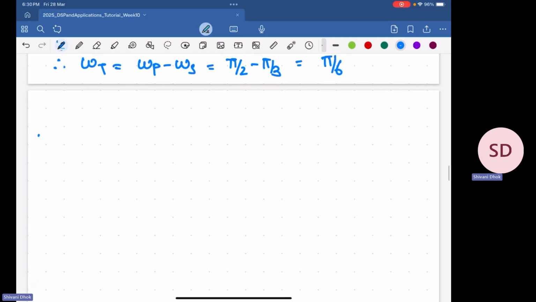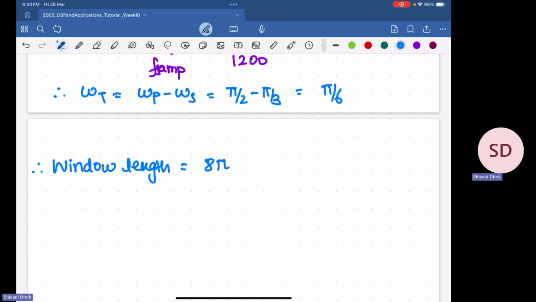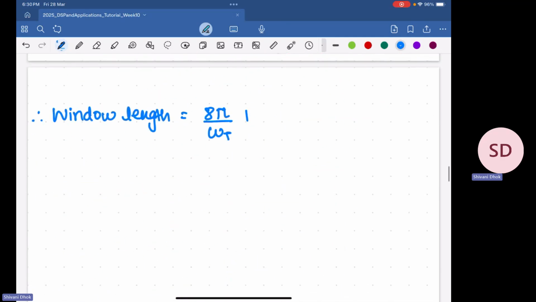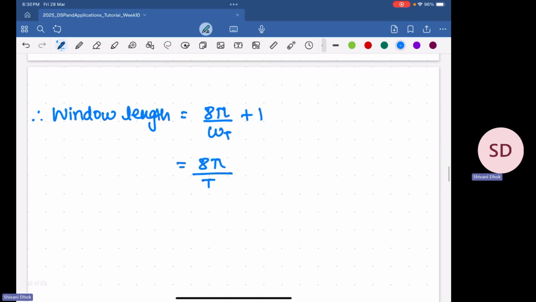So therefore, window length is equal to 8 pi by omega t plus 1, which is equal to 8 pi upon pi by 6 plus 1, which is equal to 48 plus 1, which comes out to be equal to 49.